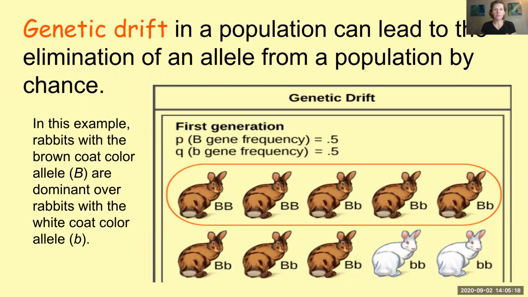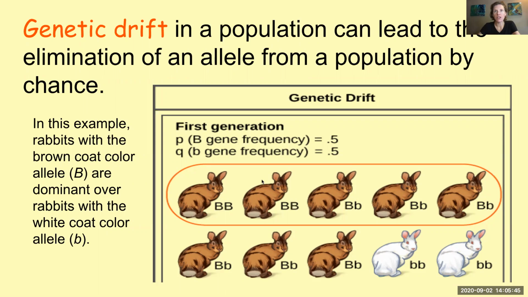Because generally of a scenario like a low population size, the next subsequent generations may not be identical to the previous ones. So the change that you're seeing is called genetic drift, and that change is due to random chance. So here's an example.